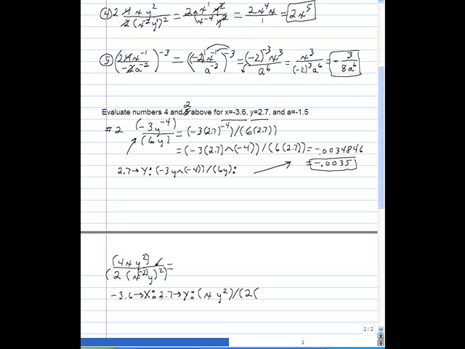Now remember, we're programming the home screen, so we don't use empty holes. We just put an x here. X to the power, that's the caret key, x to the power, and then to play it safe, we put -2 in a bracket, and then y. Close bracket, and then squared, and then close bracket again.